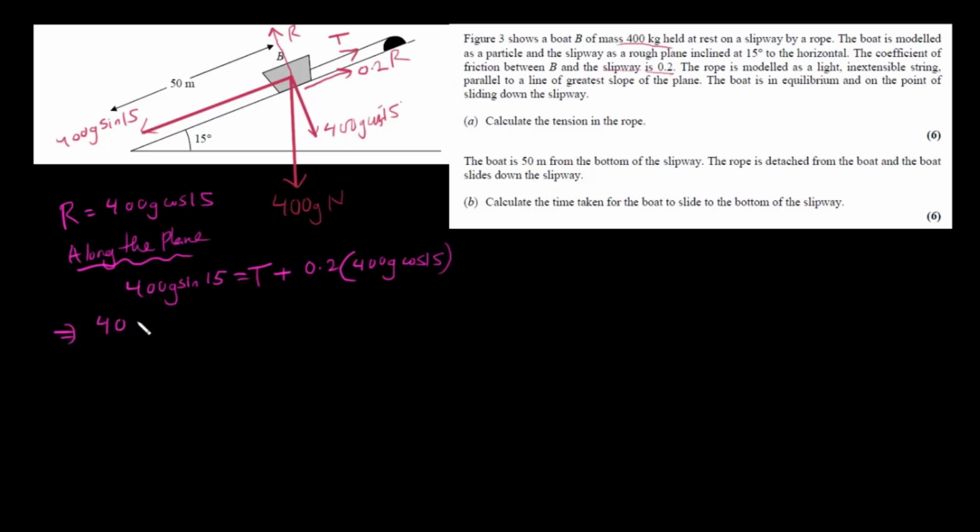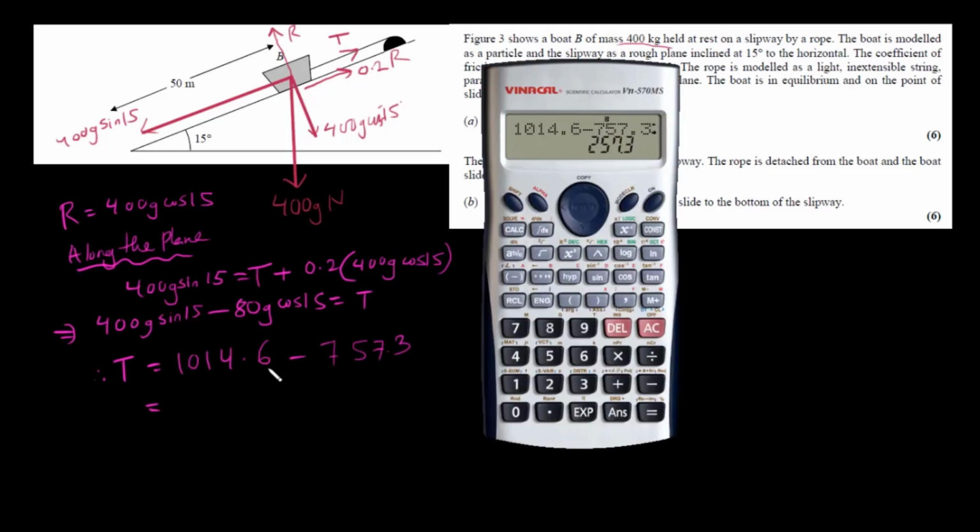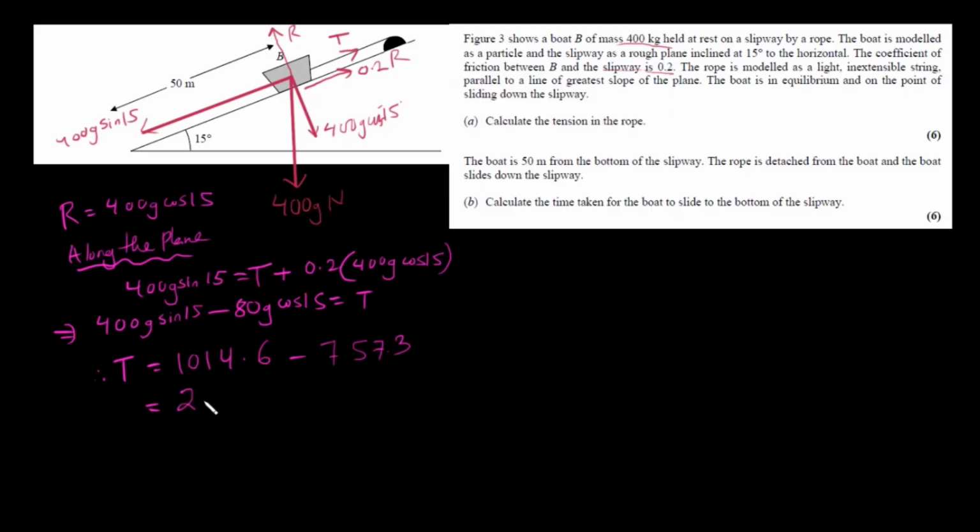It is going to be 400g sine 15 degrees minus 0.2 into 400, that is 80g cos 15 degrees, and that gives us the value of the tension. So tension equals 258 Newtons.